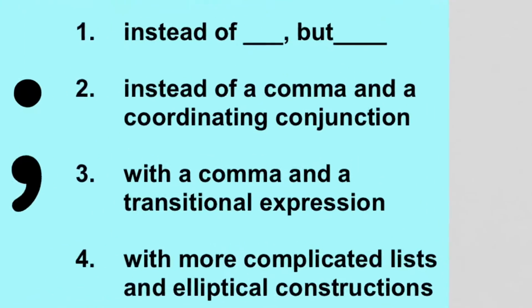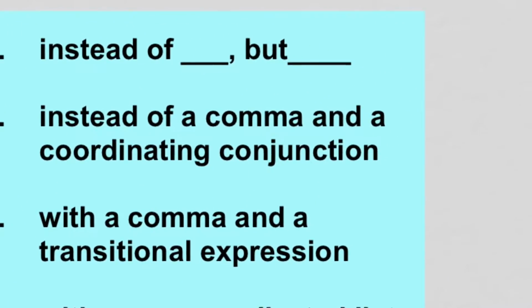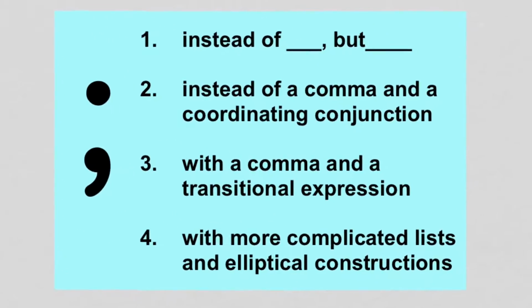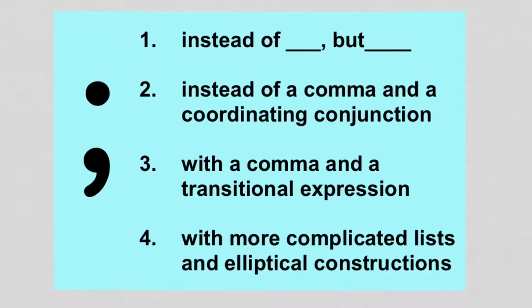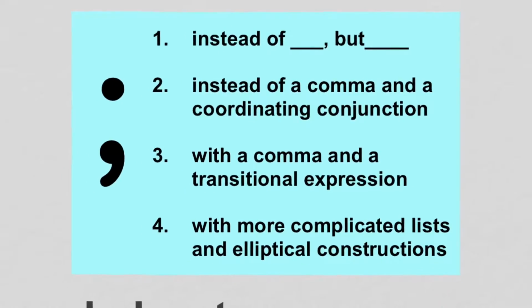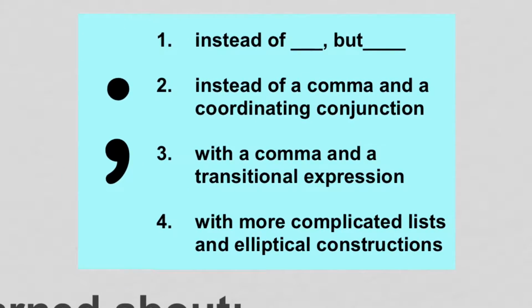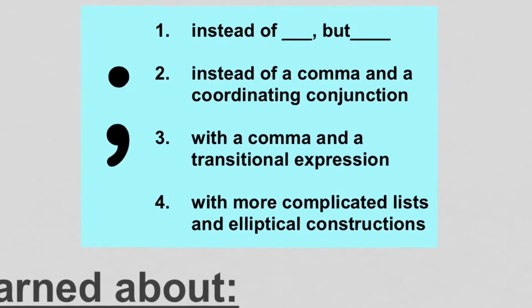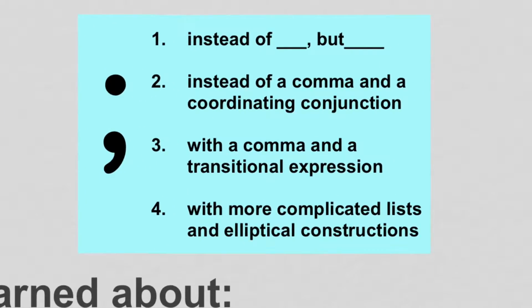What you see here with comma but is a comma with a coordinating conjunction. That word but is just one coordinating conjunction that you use. And not all of the coordinating conjunctions will work. It doesn't work all the time, so I wanted to spend a little bit of time explaining that to you today.